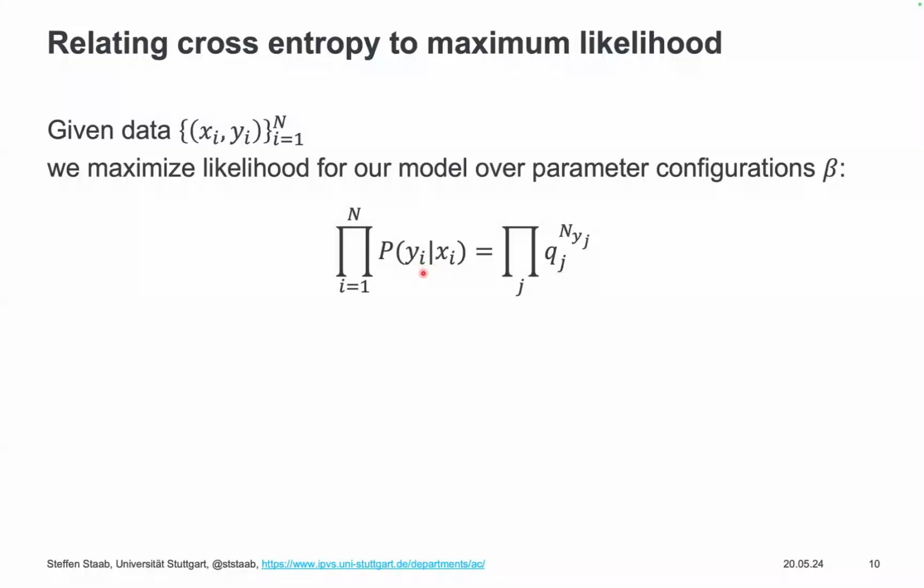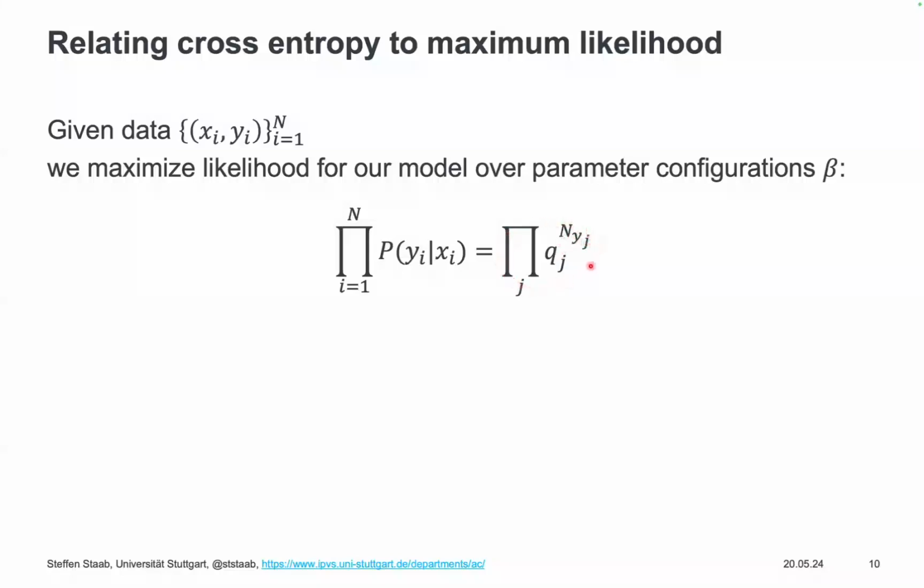Now, when I predict in a given training data set a certain class a certain number of times, then I can, for each particular class, select a particular Qj, and for any class, I just count how often this class arises.